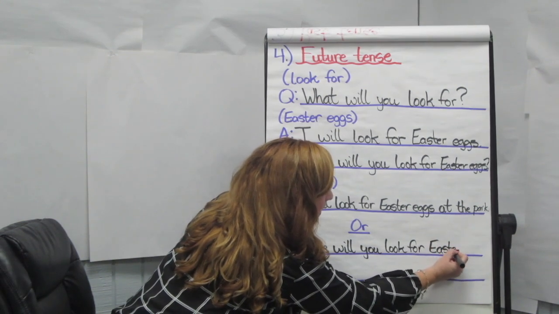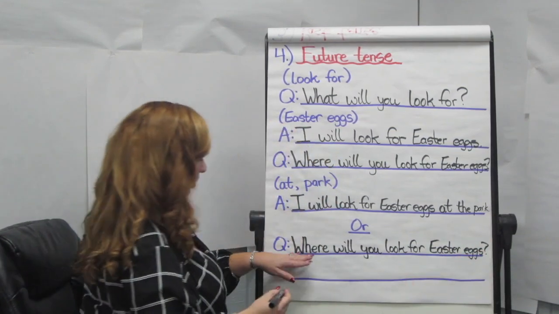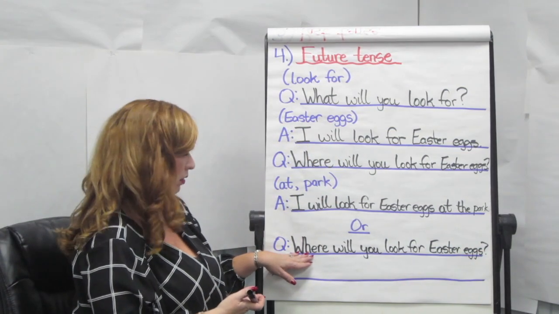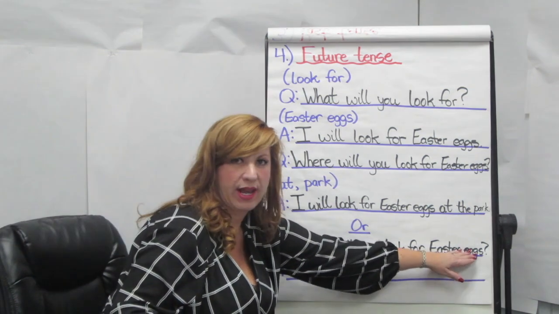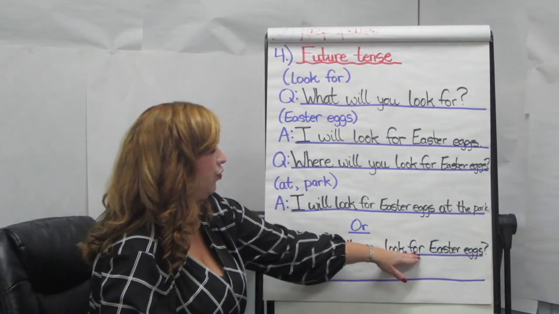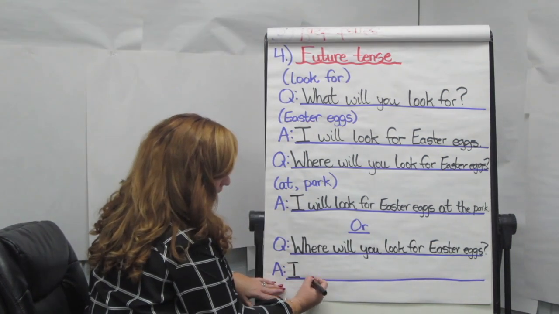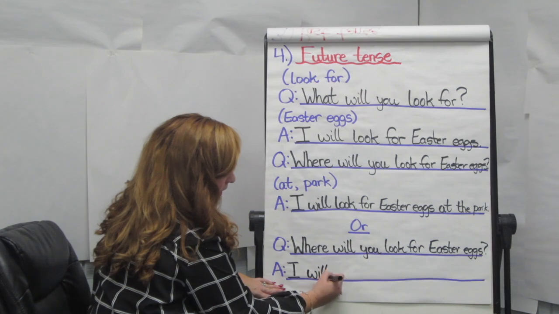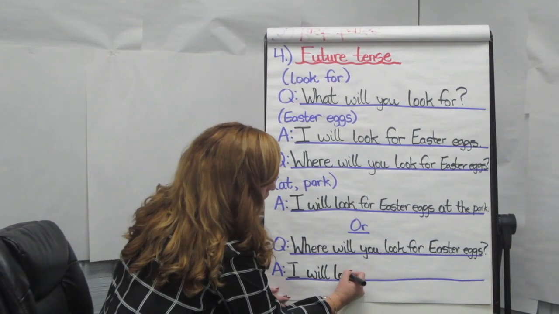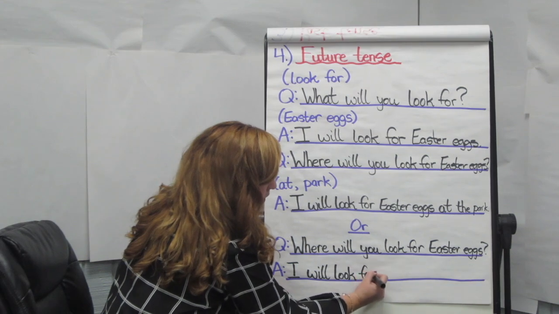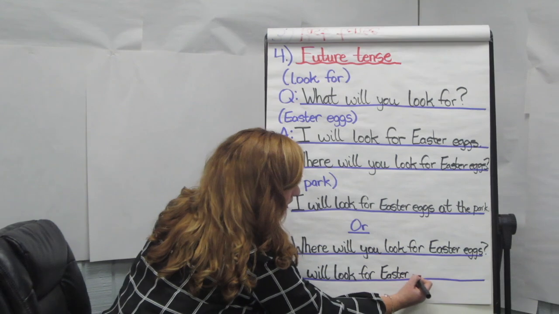So I'm still asking a question about the where, using the question word where, and the what, which is Easter eggs. Where will you look for Easter eggs? My answer will be I will, again my helping verb, I will look for Easter eggs, which is my what. I'm answering the what.